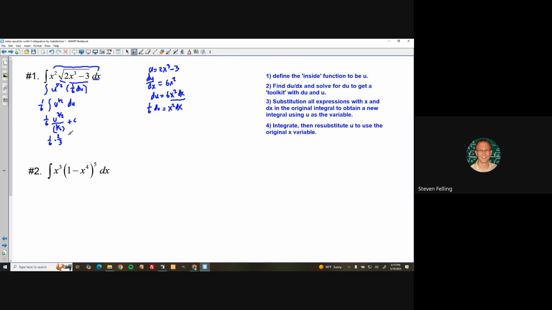And then this u, I'm going to resubstitute as 2x cubed minus 3 to the 3/2 plus c, and we're done. If we want, we can simplify the constant a little bit, but this is the structure that produces the answer.